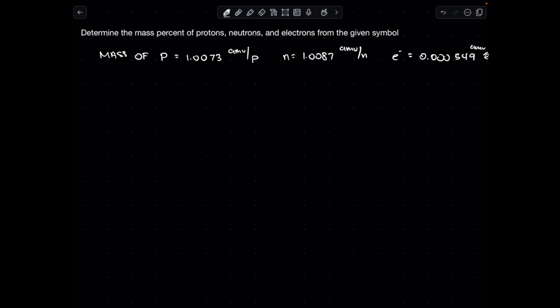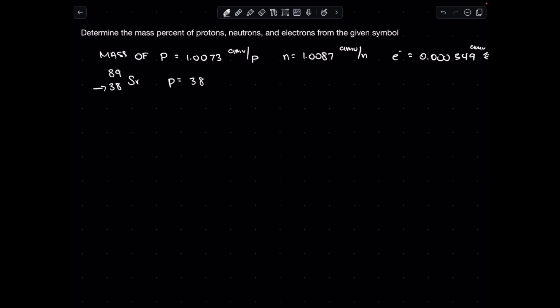Now, we need an example. So let's use this example of 89/38 strontium. Now we need to determine the mass percent of each of our subatomic particles. So first, let's determine the number of each. The number of our protons is our most simple one because we know that's going to come from our atomic number, which is the lower number, this guy, 38.